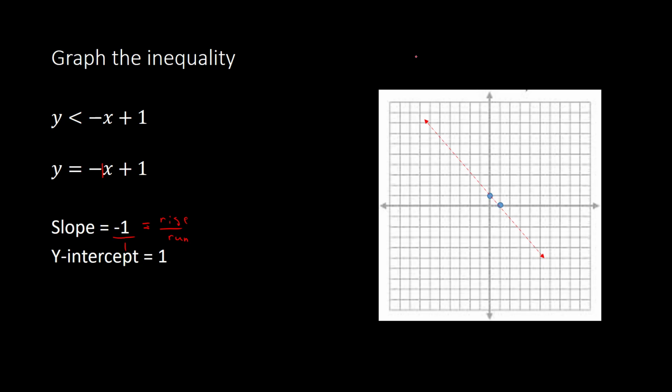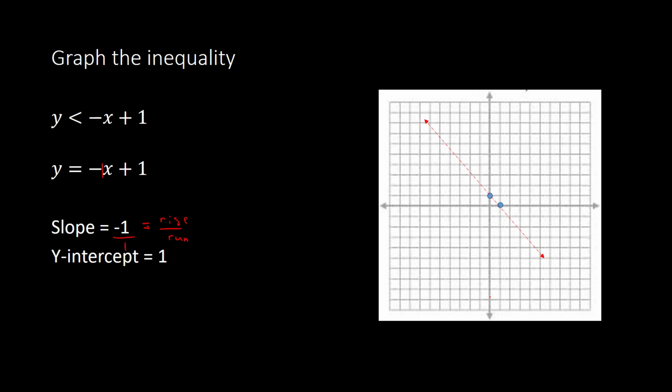And then because it is less than, it means the numbers will be smaller. So it's saying y is smaller than this line right here. So where does y get smaller? Well, y gets smaller as it goes down lower on this y-axis.